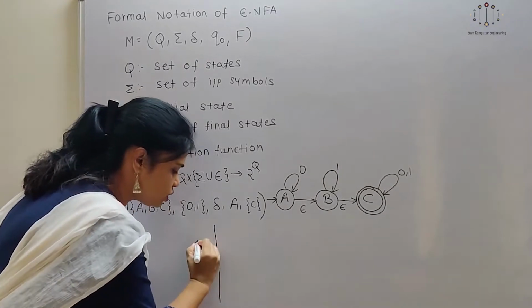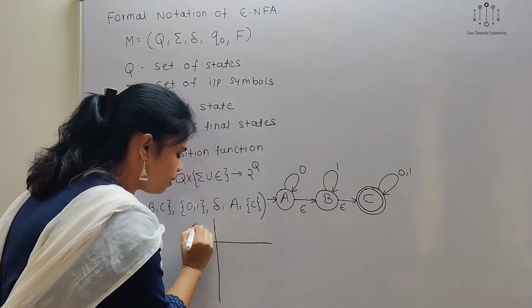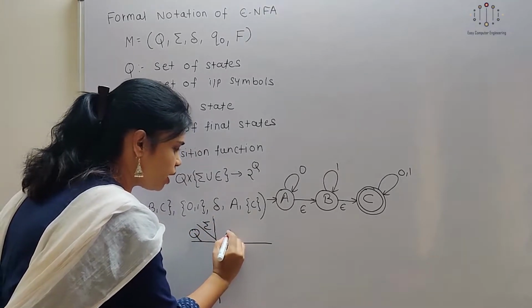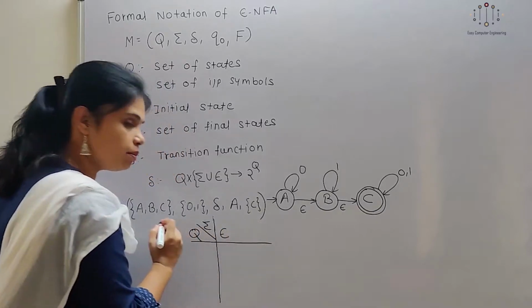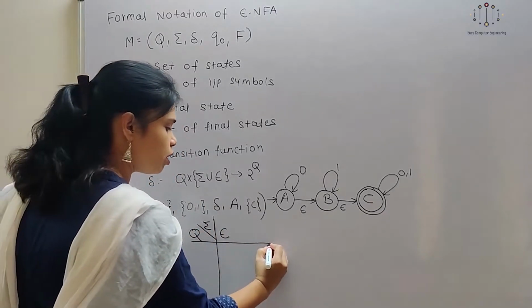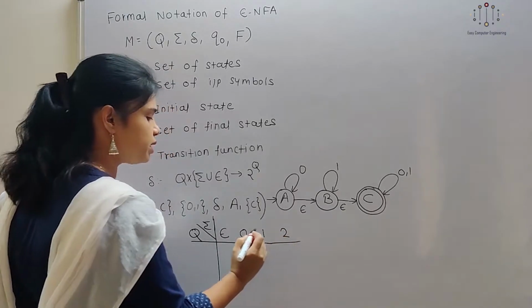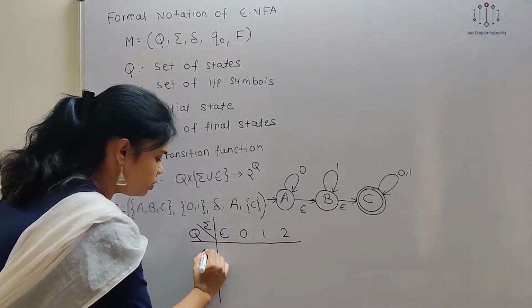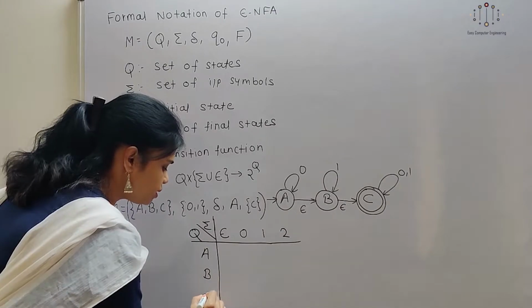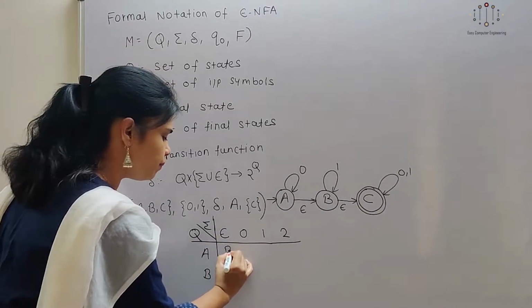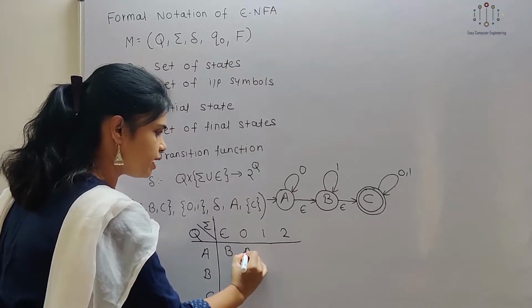The transition table will be the same as before: Q, then sigma. Now here we are going to take epsilon as an input symbol, then 0 and 1. These are the inputs. Now we will show A, B, C. From A on epsilon I can move to B. On 0, A itself.